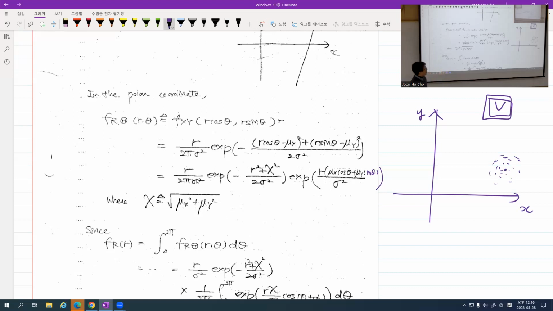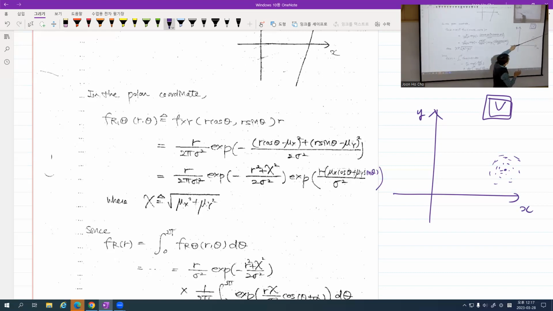What does that mean? This angle theta has the highest concentration of points if theta is close to the angle of this mean vector.